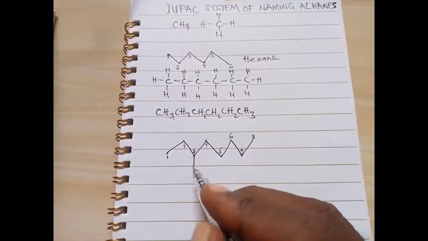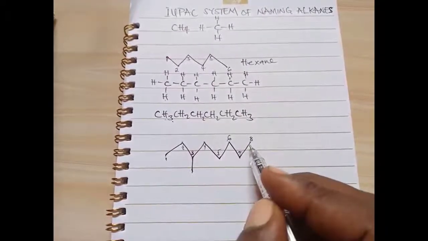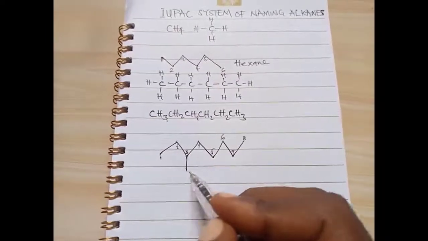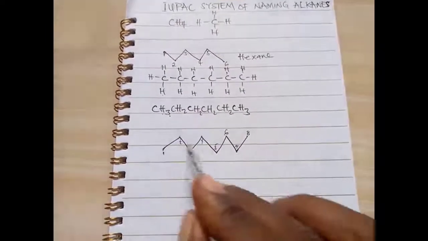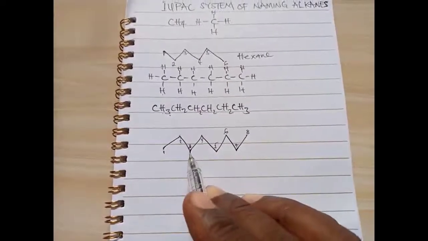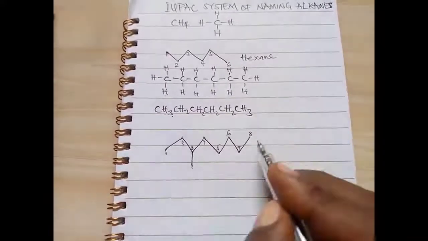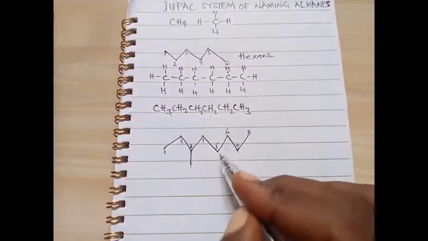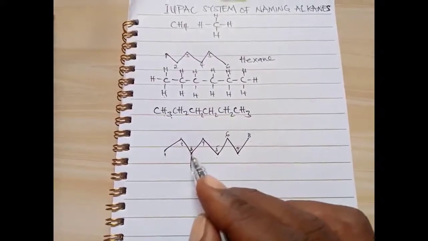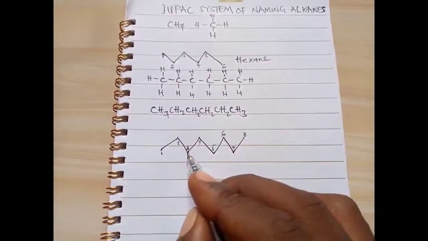We name it in such a way that this substituent carries the lowest possible number. If we are naming from left to right, it will be carbon number 3 that is carrying it. But if we start naming from right to left, 1, 2, 3, 4, 5, 6, 7, 8, it will be number 6 that is carrying it, which is not supposed to be so. So the third carbon atom is the one carrying it.